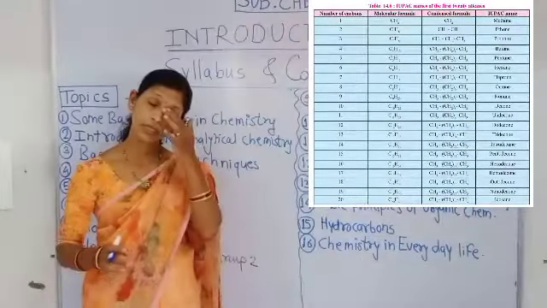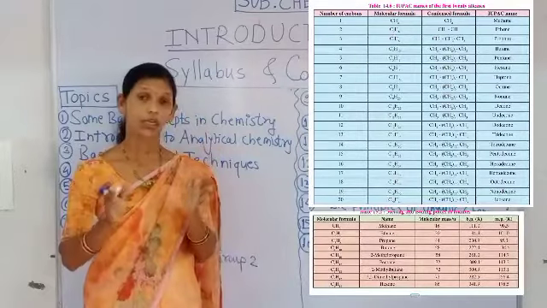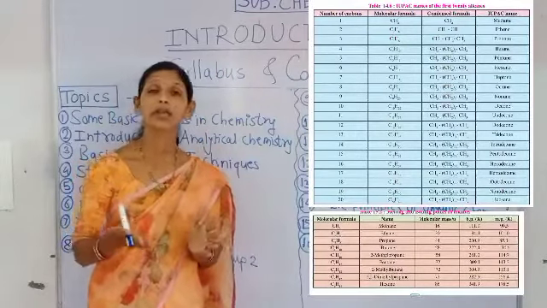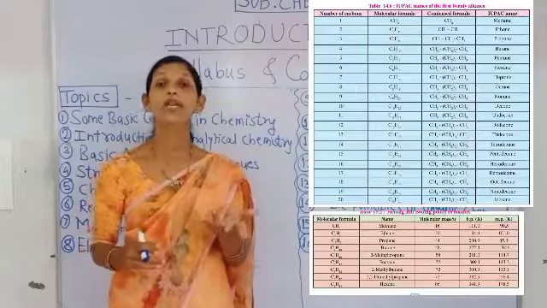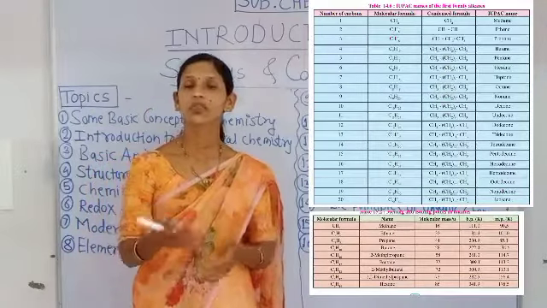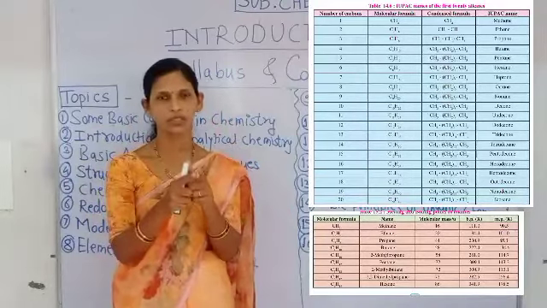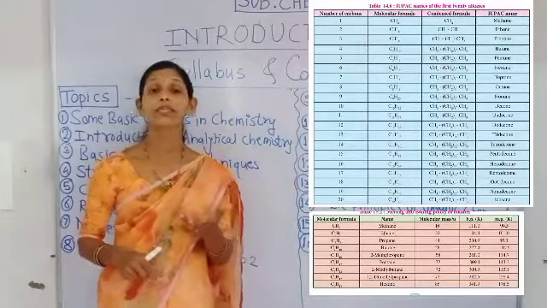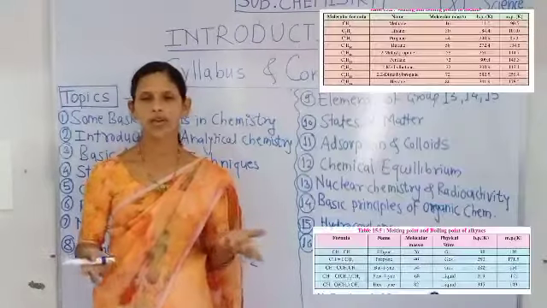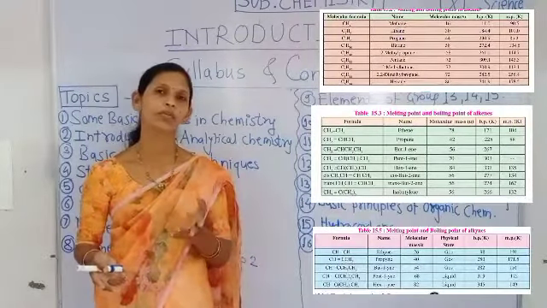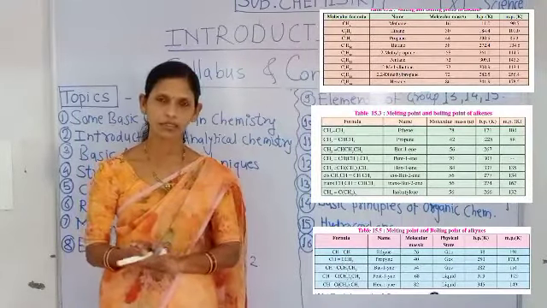Then the next chapter, that is hydrocarbons. The hydrocarbons are generally alkanes, alkenes, alkynes and aromatic compounds. Benzene is one of the aromatic compounds, having a ring structure. Methane, ethane, propane are alkanes. Ethene, propene, butene are alkenes.